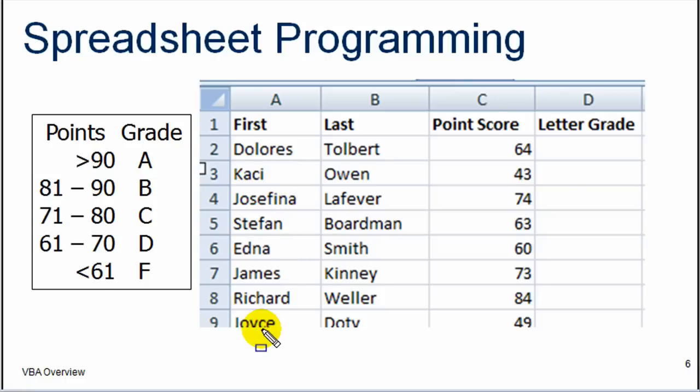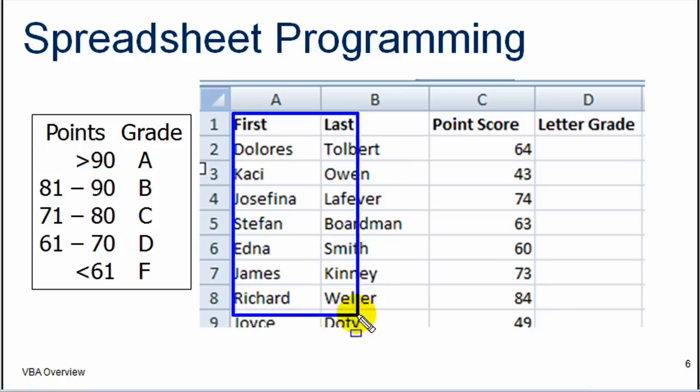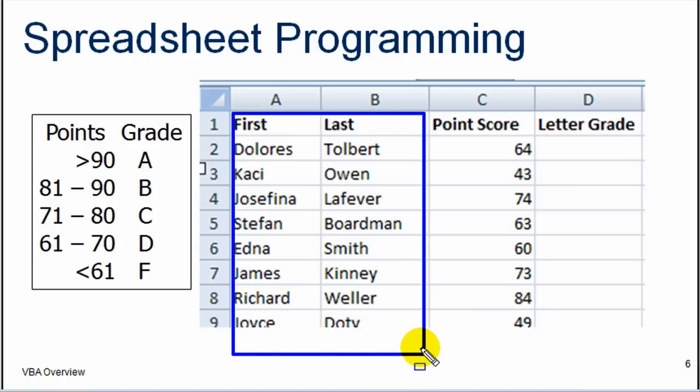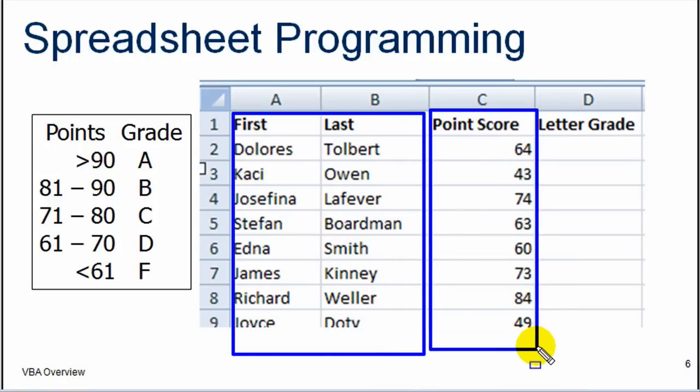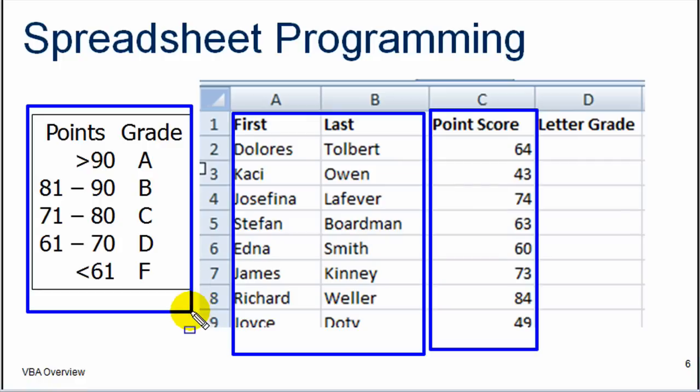Here is the problem. I have 100 students in my class, and column C contains their point score for the quarter. The quarter has now ended, and I'm ready to assign a letter grade based on this criteria.